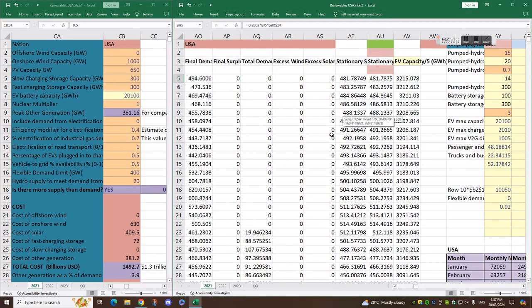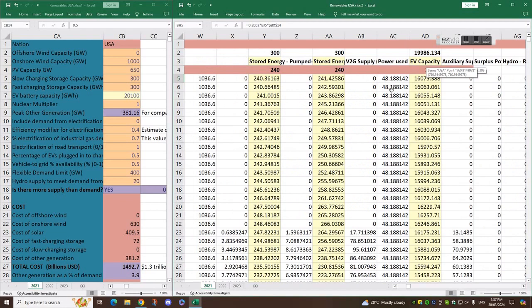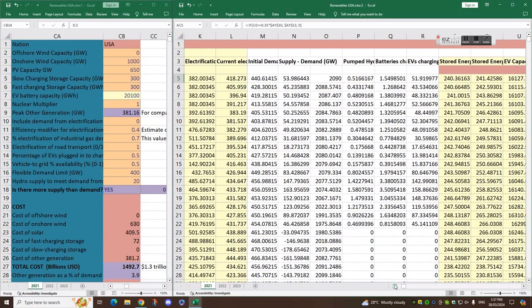Where they appear in the spreadsheet is for the passenger and light commercial vehicles. That's the power coming out of their batteries, out of the EV battery. And for the trucks and buses, because the trucks and buses are used for work, they have to be recharged at every opportunity. So I put them as a constant draw on demand by adding it to the demand.